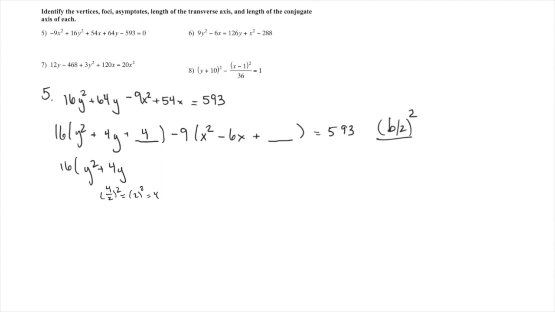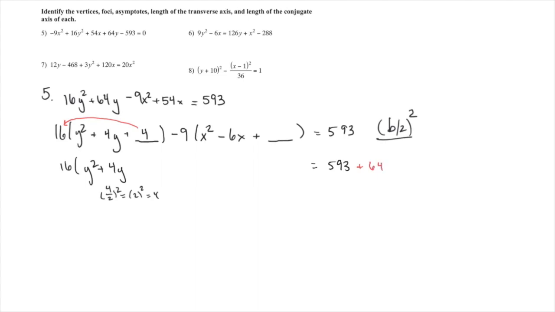So we're going to add 4 here, but remember, when we have something outside of our parentheses, we have to take that value, we have to multiply times the value outside, so this will be equal to 593. And it's going to be plus 16 times 4, which is 64.